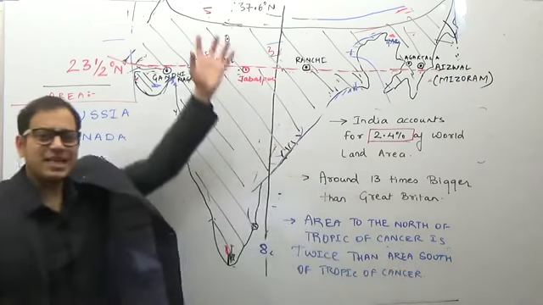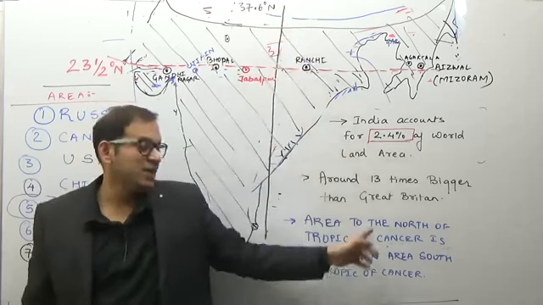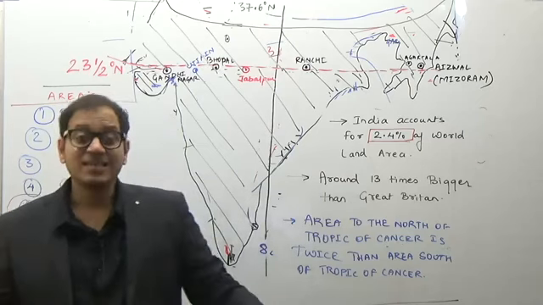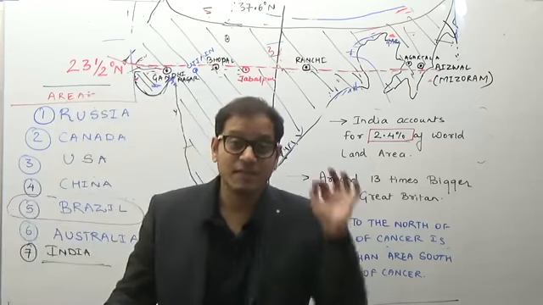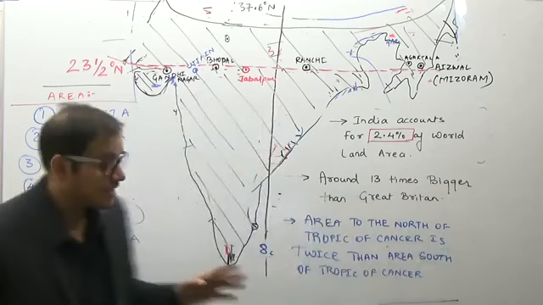Why? Because it is extremely broad and extremely wide in the north. Therefore, the area to the north of the Tropic of Cancer is twice as large as the area to the south of the Tropic of Cancer. Each and every statement is important. You jot it down and start revising.